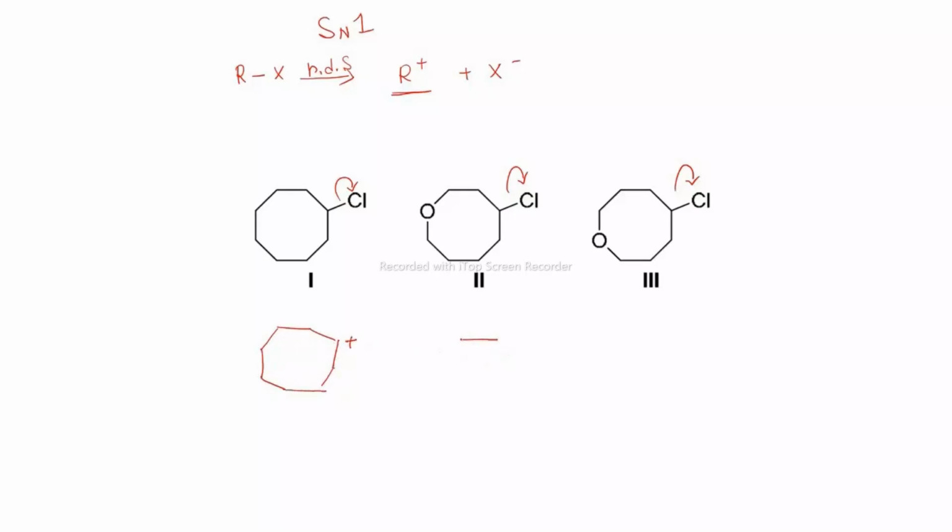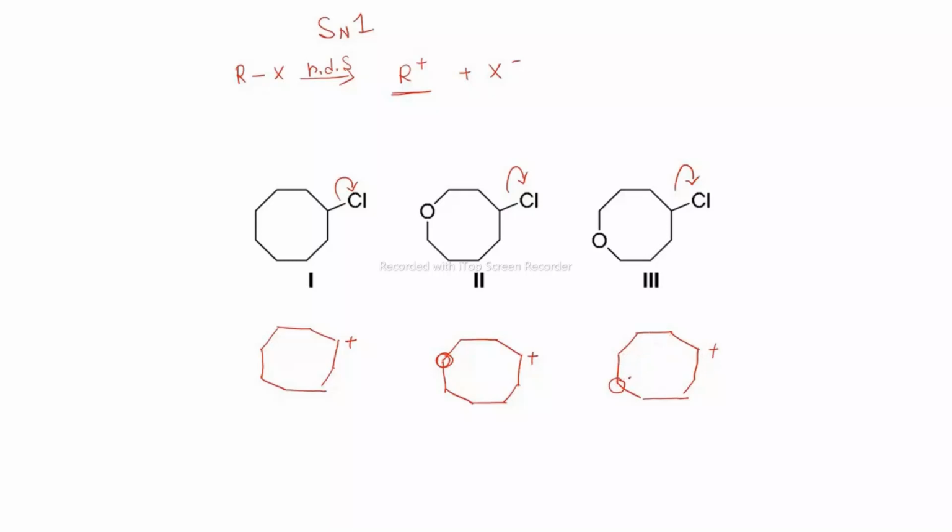In the second case, it will form a carbocation like this, and one oxygen should be there. And in option 3, it will form a carbocation here, and one oxygen should be there across the ring.